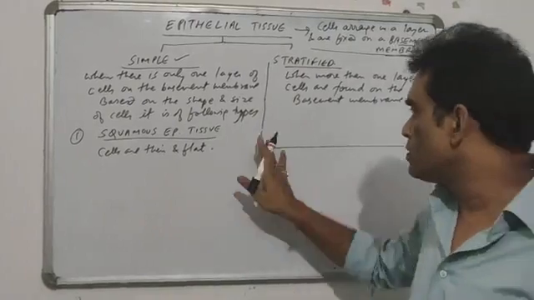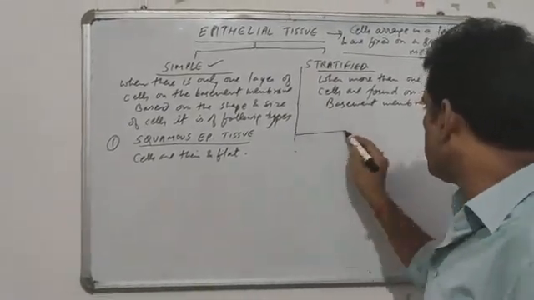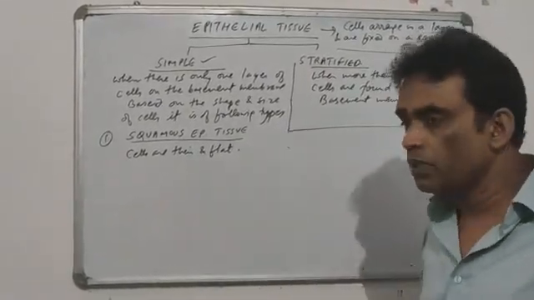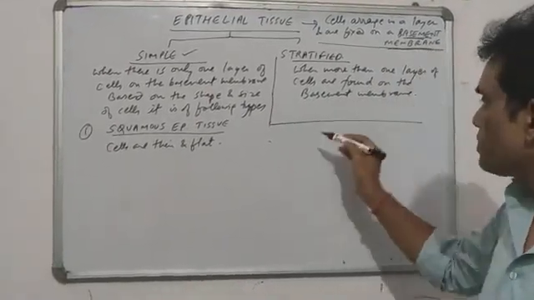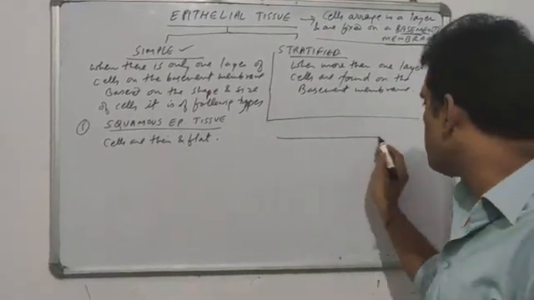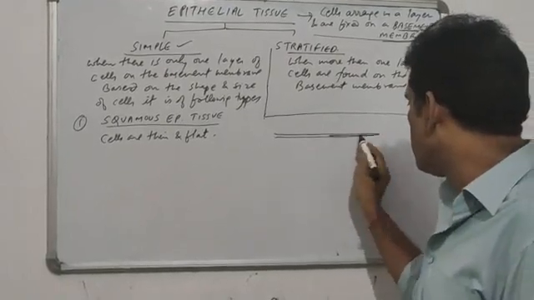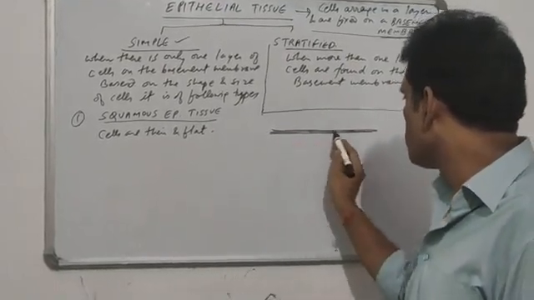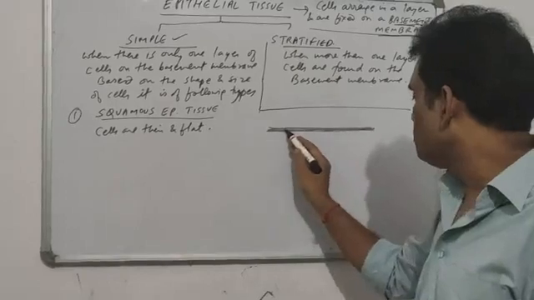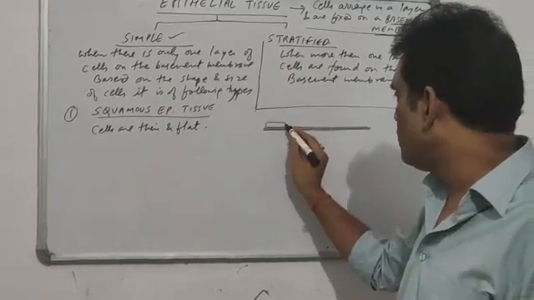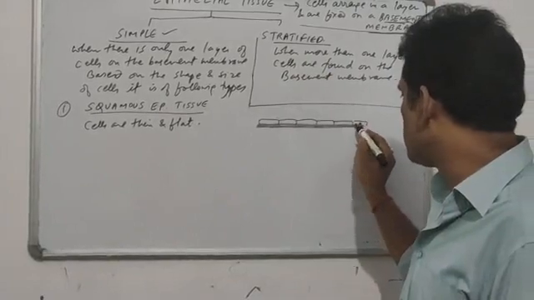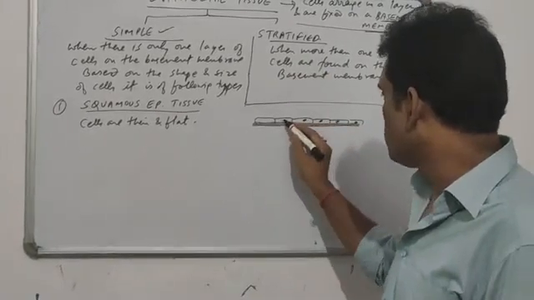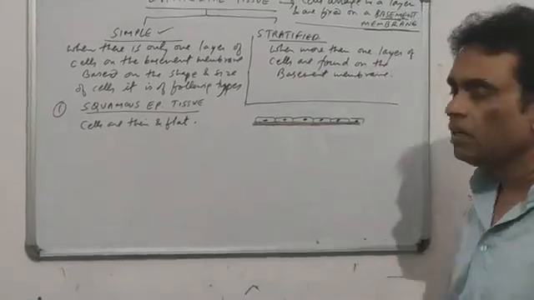If you observe the diagram of simple epithelial tissue, the basic thing you have to remember in mind is the basement membrane. So draw a basement membrane, a thick membrane like this at the bottom, and then there are very, very thin, almost flat cells present on the basement membrane as a single layer.